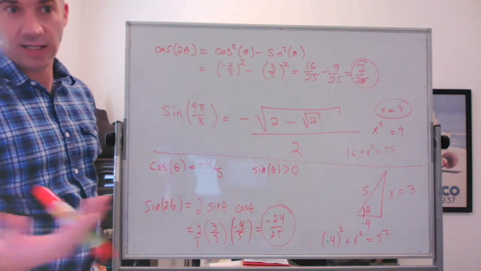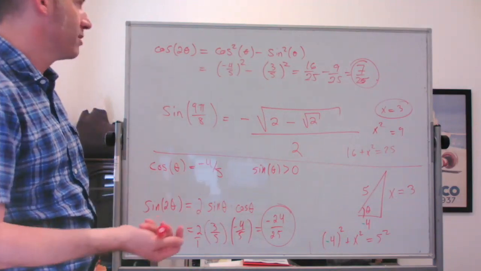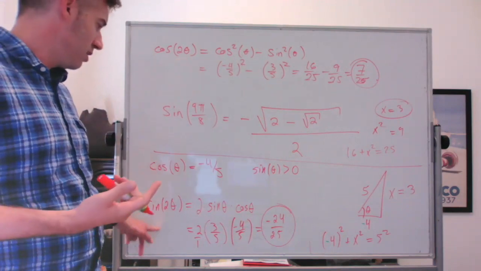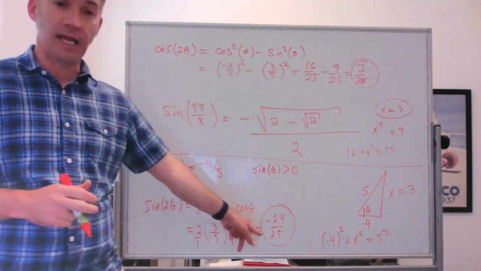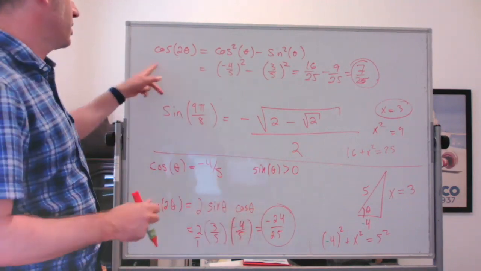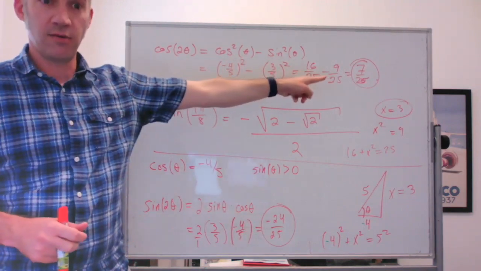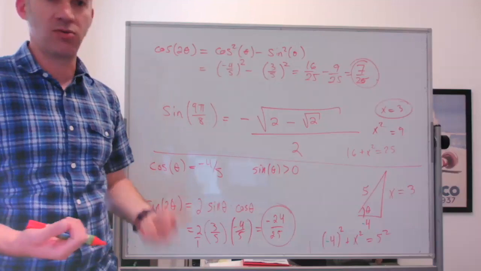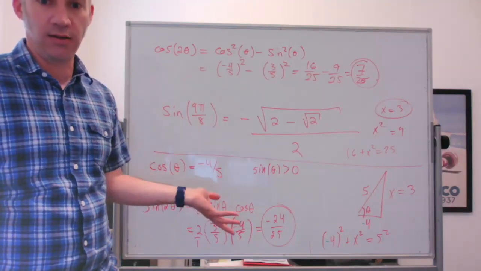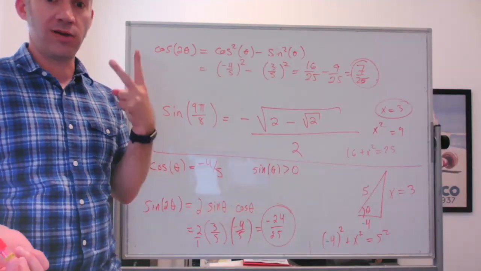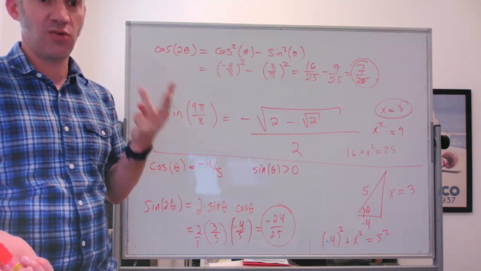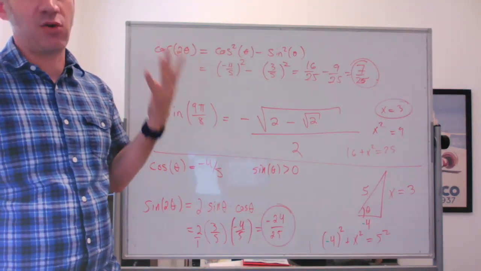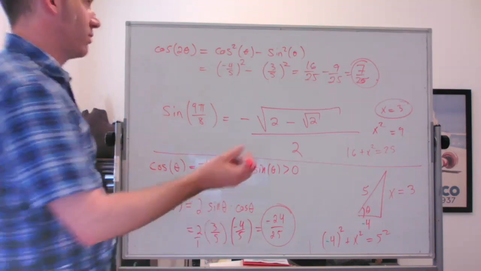And now, since you guys are here, let me ask you anyway. We know sine of 2 theta is negative. We know cosine of 2 theta is positive. What quadrant does 2 theta have to absolutely live in? Quadrant 1, quadrant 2, quadrant 3, or quadrant 4? Right, exactly. It's got to be quadrant 4.